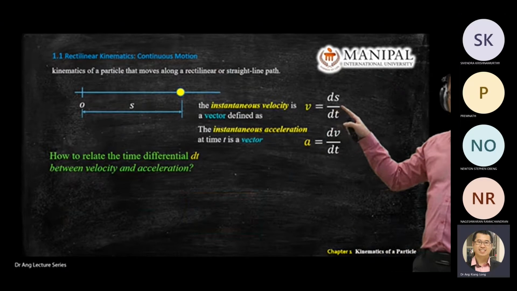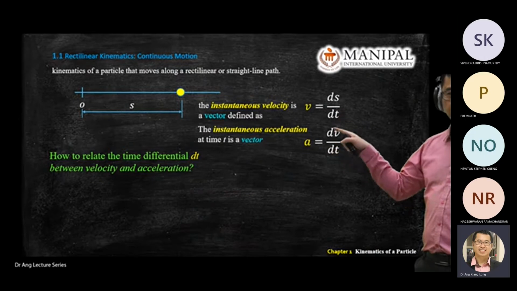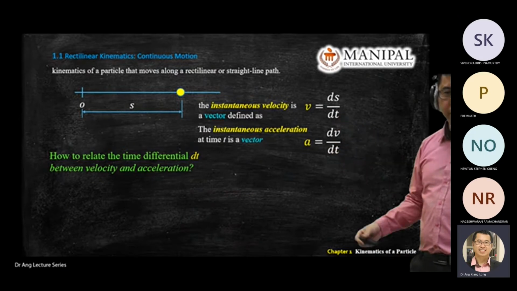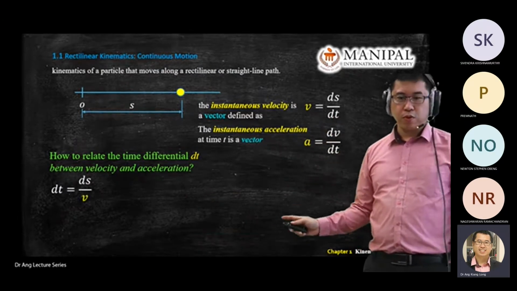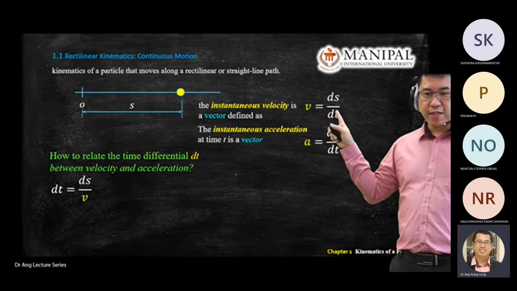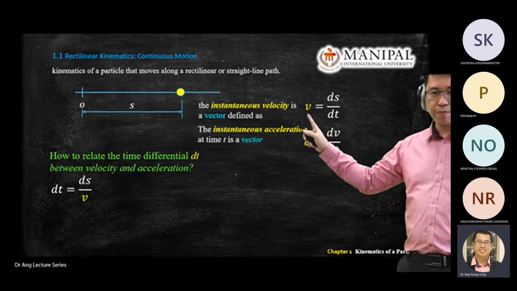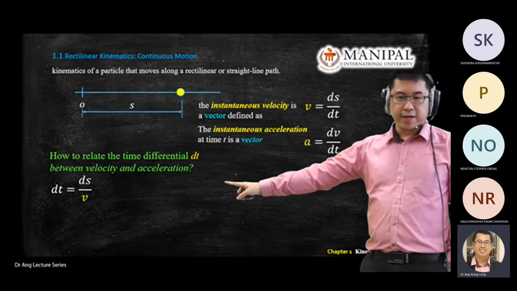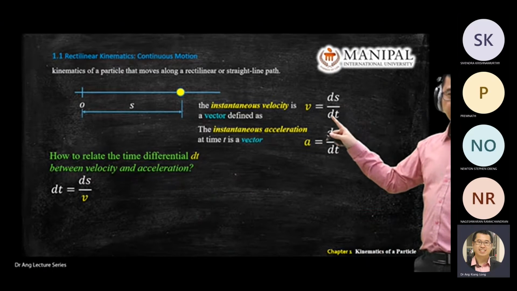If you put these two equations together, you see that there's something the same in both, which is the dt below the equation. You pull this denominator dt to the left and pull v below here, you switch position, and you get the first equation: dt equal to ds over v.